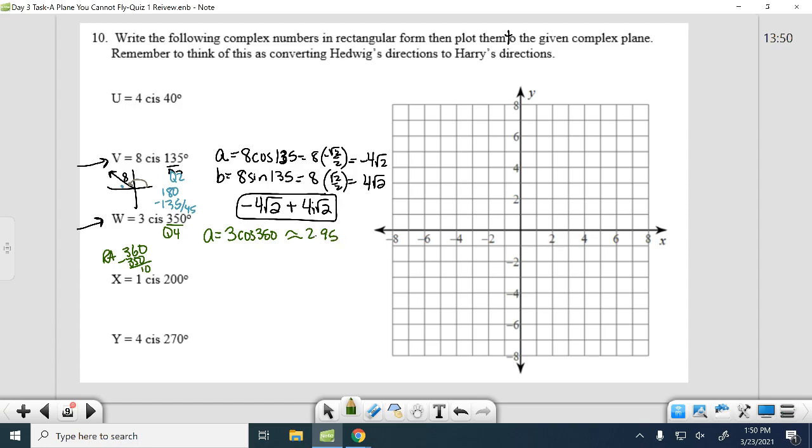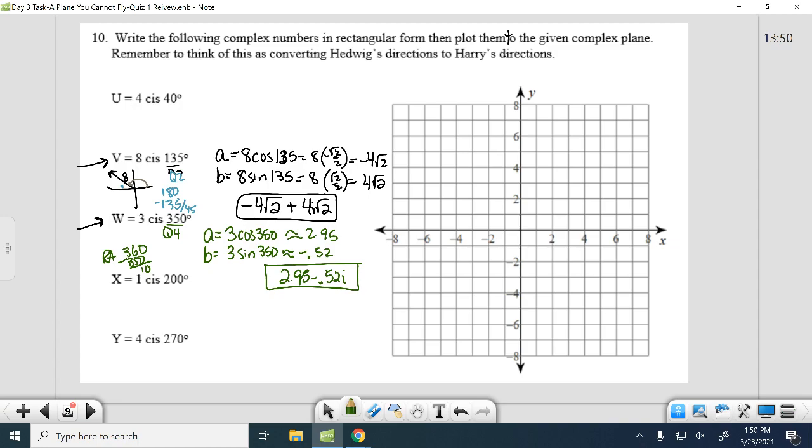Our b value, the imaginary, is 3 multiplied by sine of 350, which is approximately -0.52. So our number in complex form will be 2.95 minus 0.52i. I know we've seen that problem before.